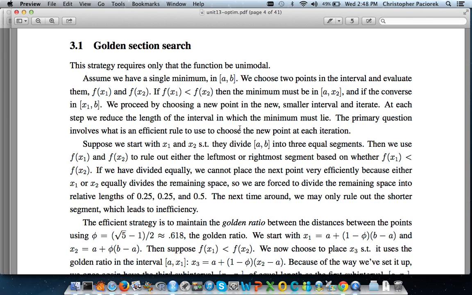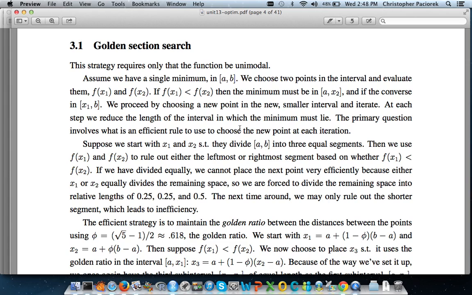Then I've gotten lucky, because now I know my minimum is between x1 and x2, and I've ruled out half of the remaining domain by choosing my x3 in the portion where the minimum is actually found. But suppose, arbitrarily, since I don't know until I've chosen x3 and evaluated f, that I chose x3 to be here, and I got that the value of f was up there.